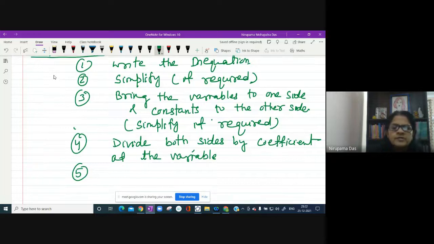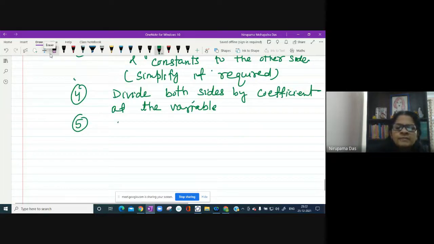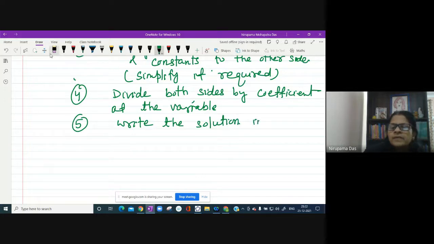And the last step is write the solution in interval form. Okay, then the number line case: if in the question it is given to represent the solution on the number line, you have to do it. Otherwise, leave the answer here.